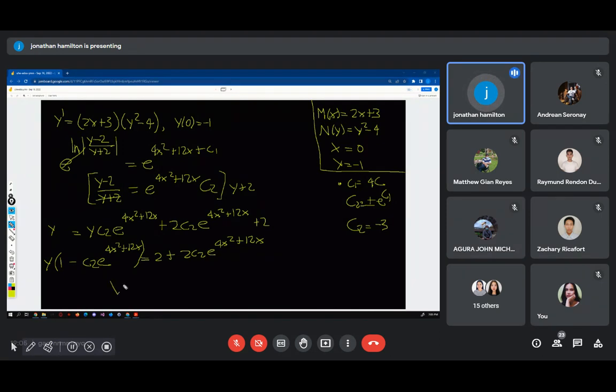So this means we will get our value of y is equal to 2 plus 2c2e raised to 4x squared plus 12x over 1 minus c2e raised to 4x squared plus 12x.